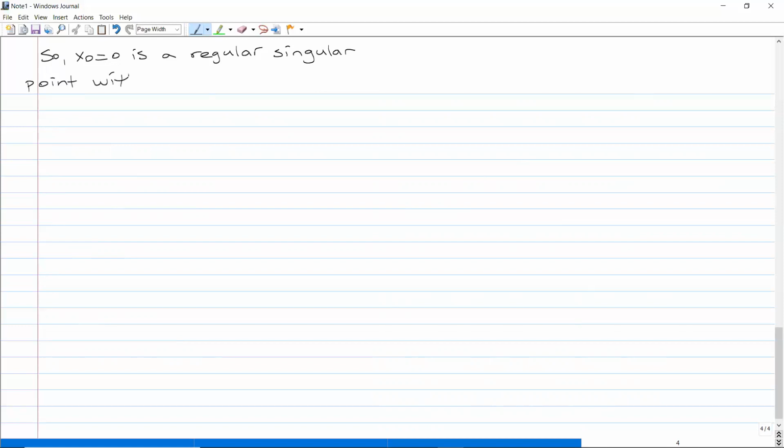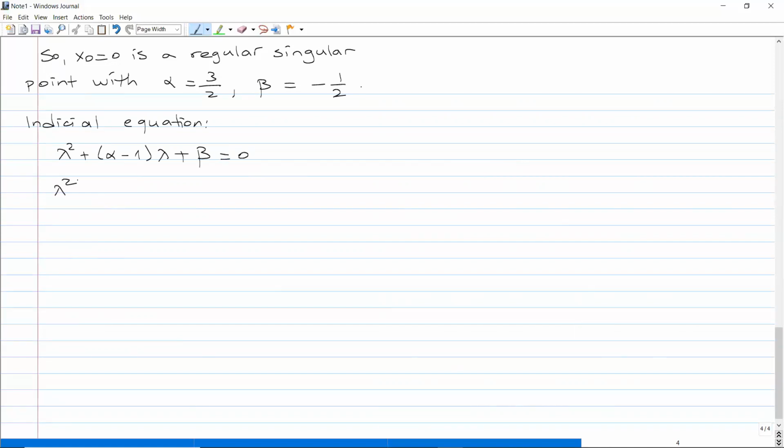With alpha equals 3/2, beta equals minus 1/2. So I just write my initial equation: lambda squared plus (alpha minus 1) times lambda plus beta equals 0.